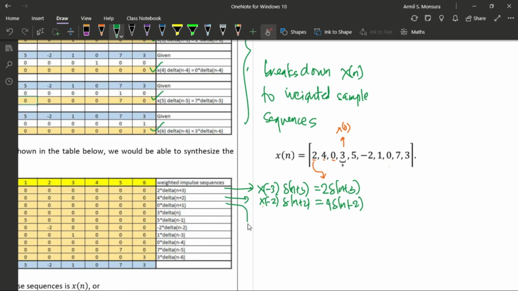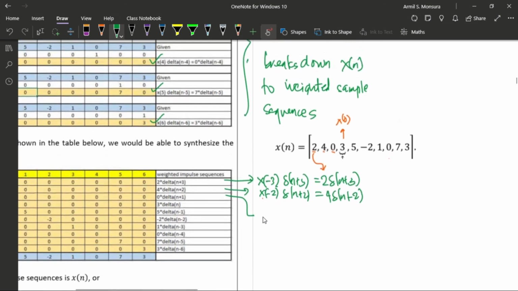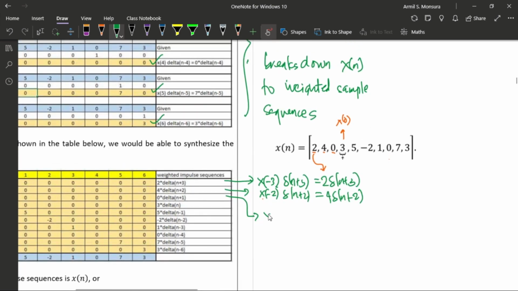Next dito, masyado kasi maliit yung space. So, this is x of negative 1 times delta n plus 1, which ang x of negative 1 natin is ito. Therefore this is 0 times delta n plus 1. Okay, and so on, hanggang sa makarating tayo dito.